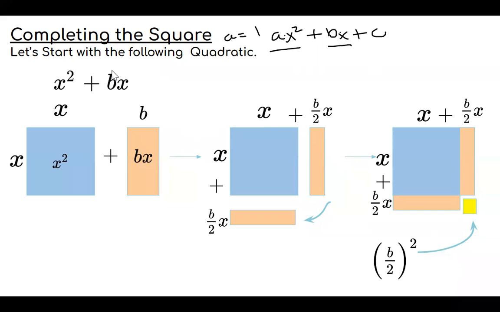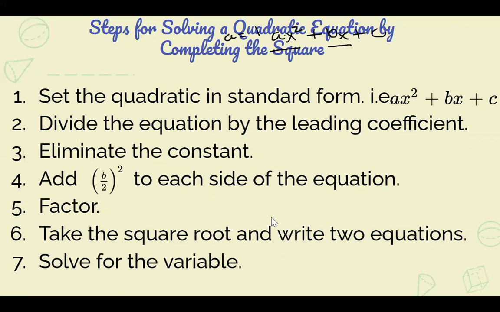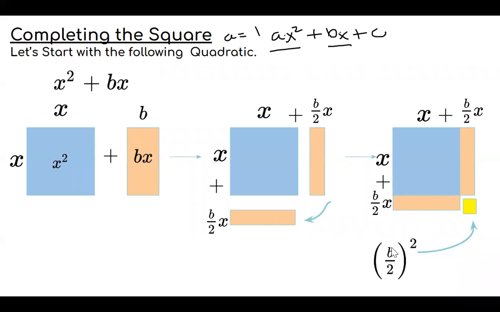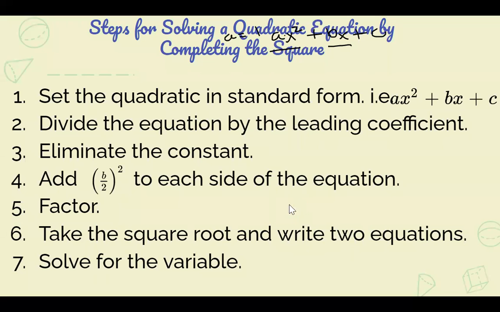I'm focusing on the coefficient of x, the second term, which is the value that only has power of 1, and I'm going to complete the square. That gets added on one side, and we add it on the opposite side so our equation remains balanced, and then solve.